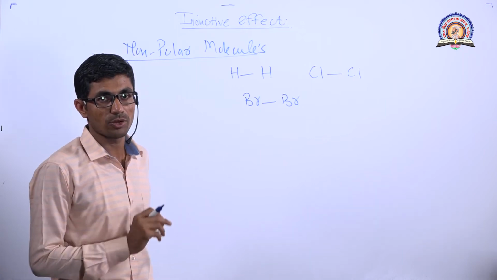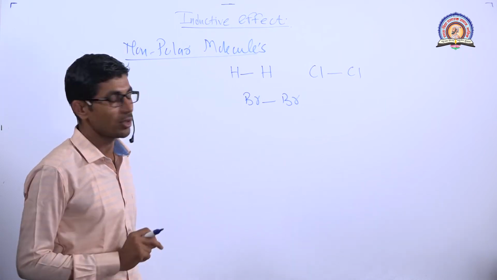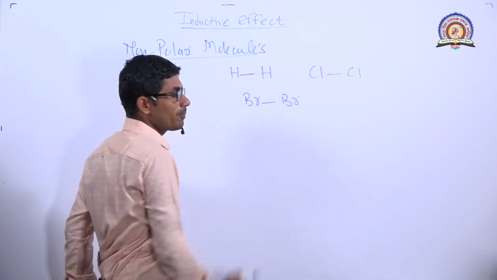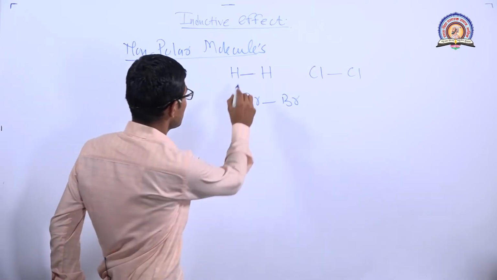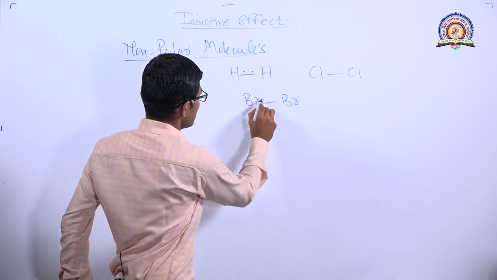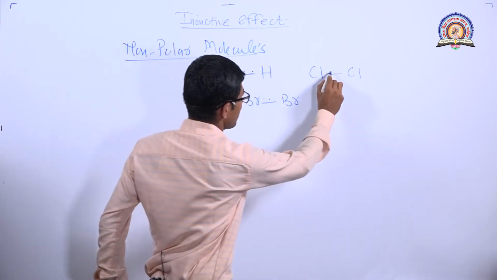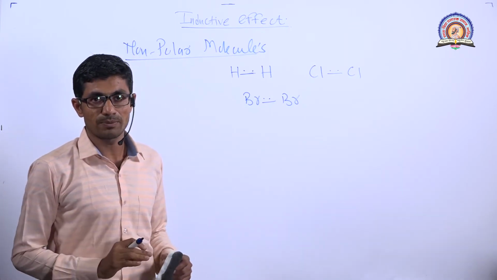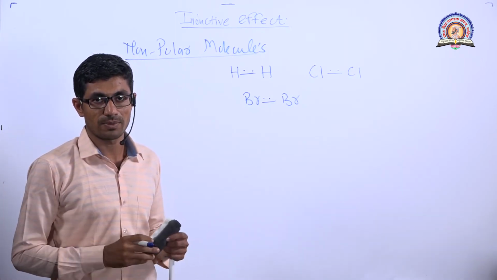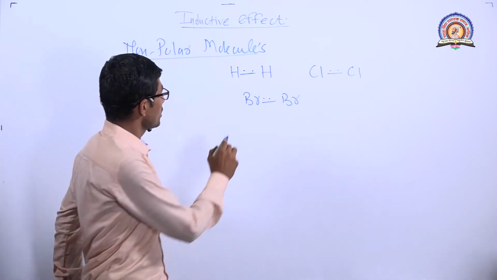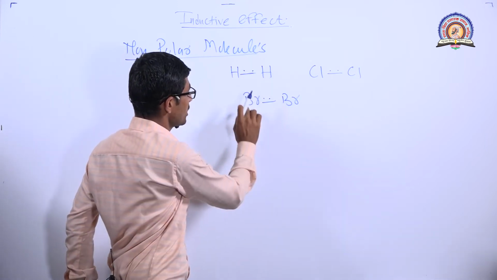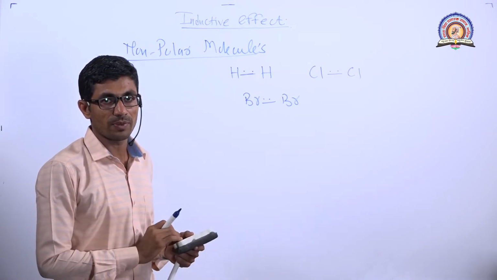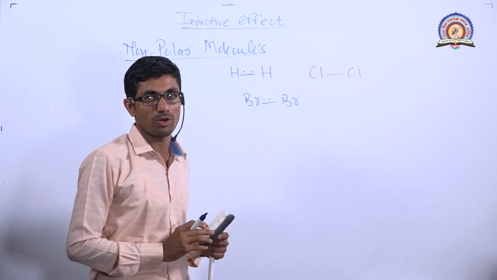So why is this non-polar? Because in these molecules, an electron pair is present here, and this electron pair is equally shared by the two atoms. So these molecules are homoatomic and non-polar molecules.